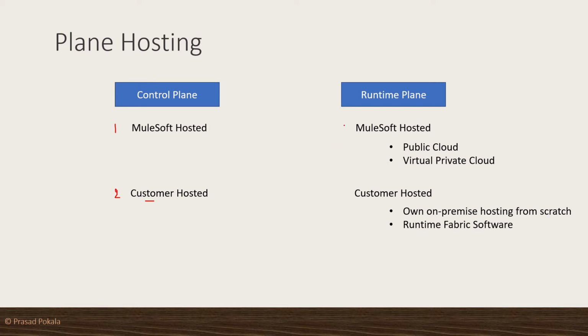Now on the runtime plane side, again there are two types of hostings, MuleSoft hosted and customer hosted, but you can again have a different blend of combinations inside these two.